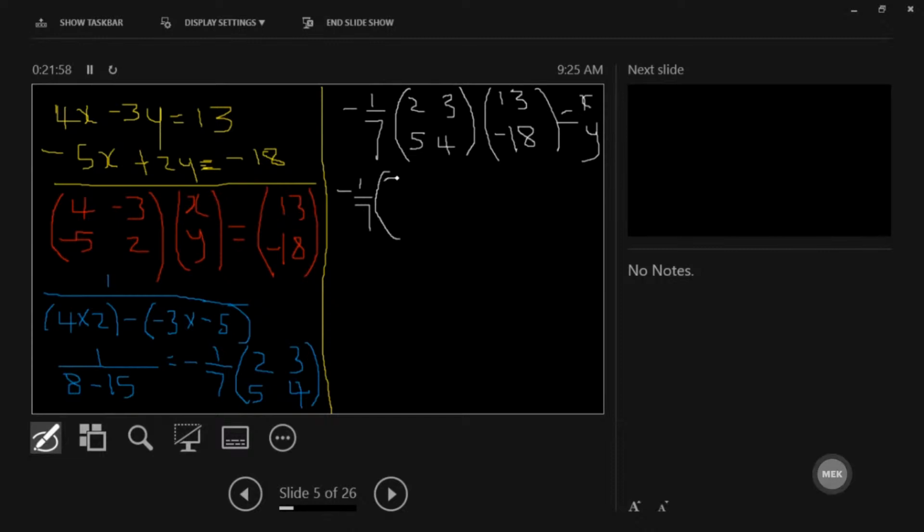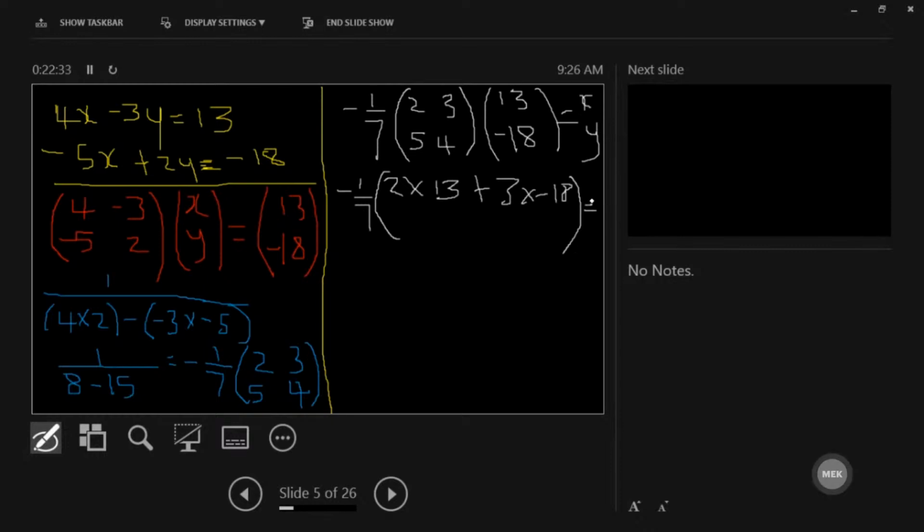So that will give 2 times 13 plus 3 times negative 18, and this is going to be equal to xy.